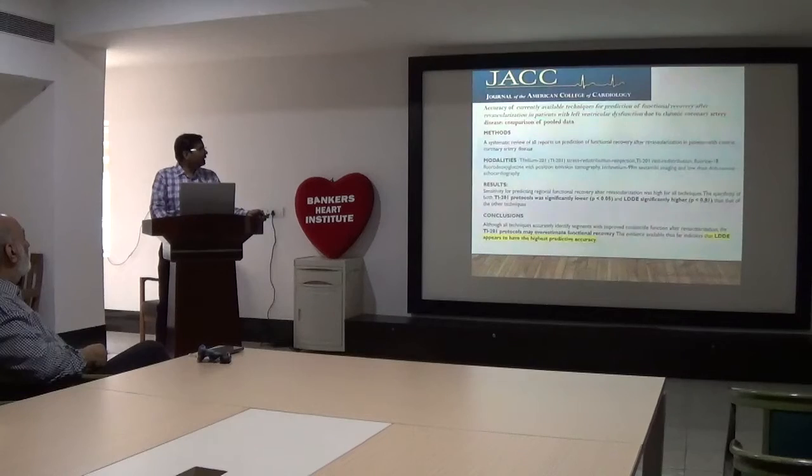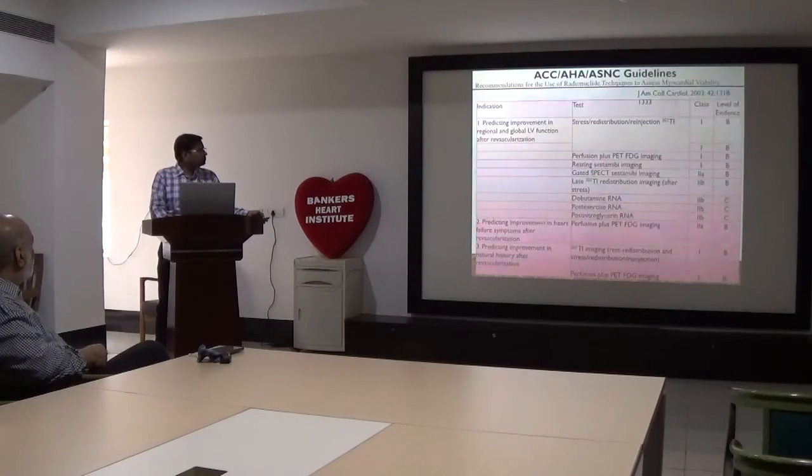Now, there is one article in JACC that suggested late gadolinium enhancement appears to have the highest predictive accuracy. These are the guidelines which we have used during this article.